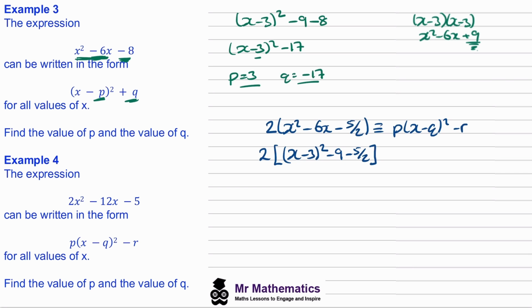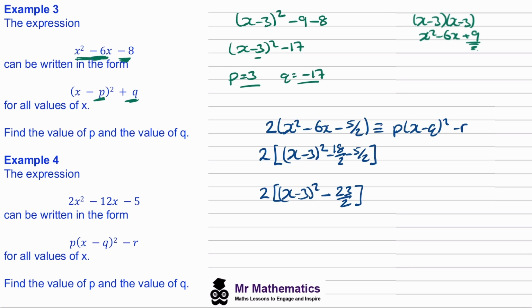So we'll write the 9 as 18 over 2. So it's still 9, it just has a common denominator. So we can simplify this. 2 lots of x minus 3 squared minus negative 18 take away 5 will give us negative 23 over 2.